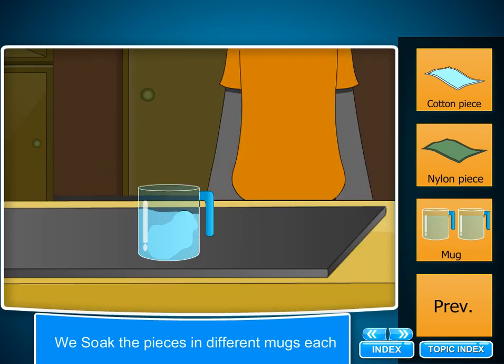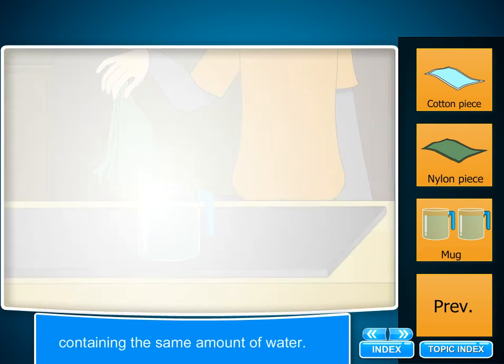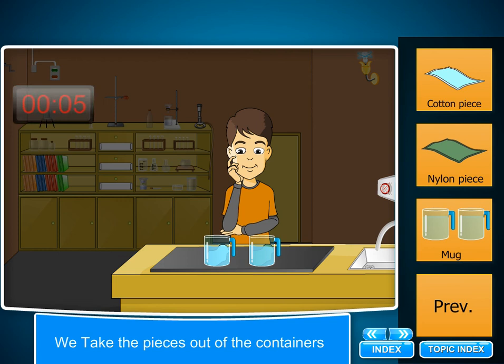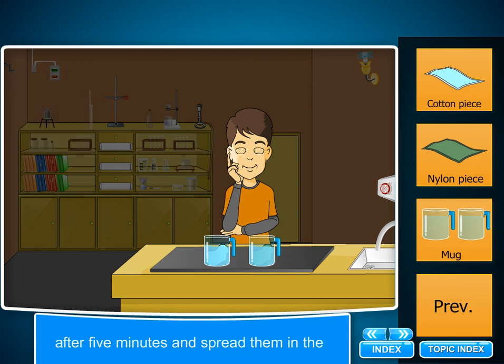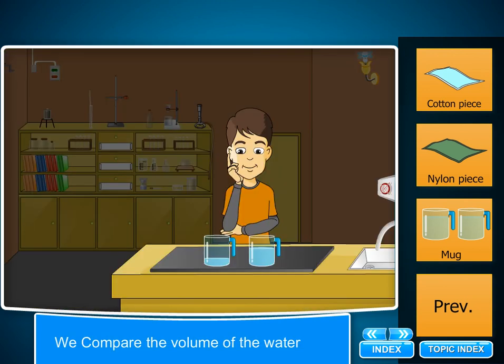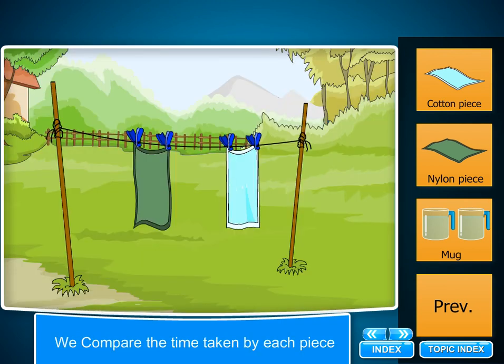We soak the pieces in different mugs, each containing the same amount of water. We take the pieces out of the containers after 5 minutes and spread them in the sun for a few minutes. We compare the volume of the water remaining in each container. We compare the time taken by each piece of cloth to dry completely.